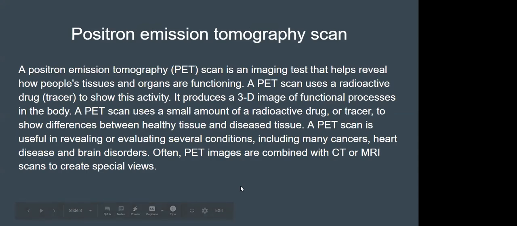And then the PET, which is positron emission tomography. We can simply call it PET. It is an imaging test that helps reveal how people's tissues and organs are functioning. A PET scan uses a radioactive drug to show this activity.